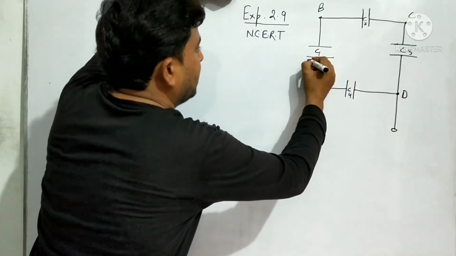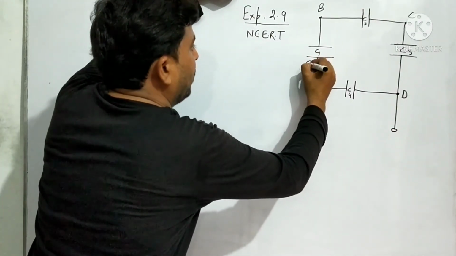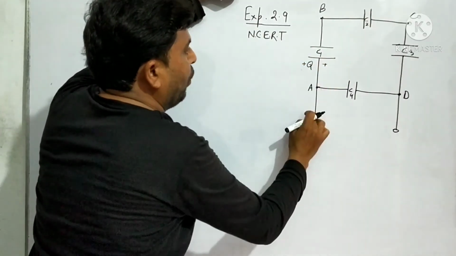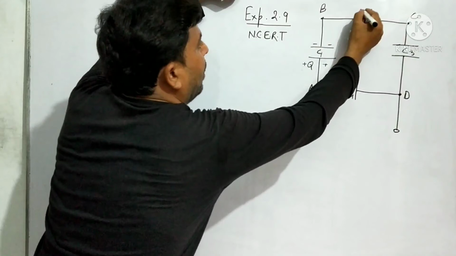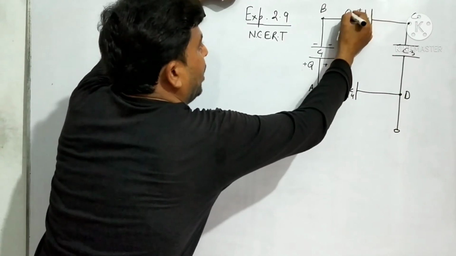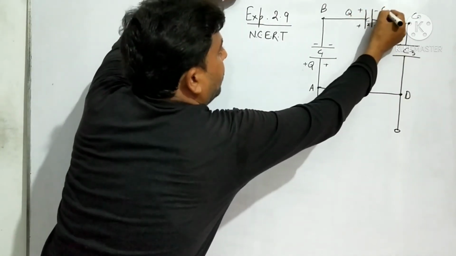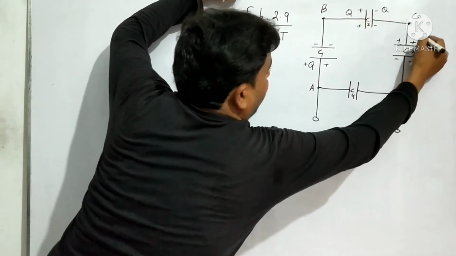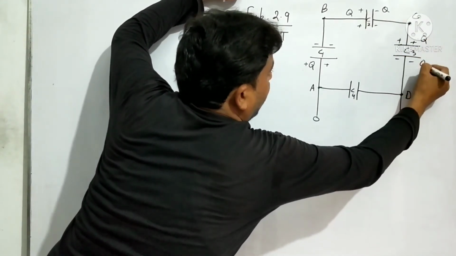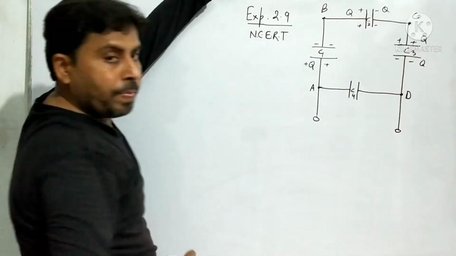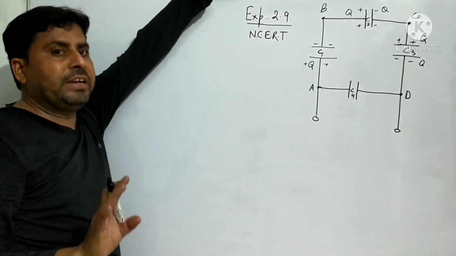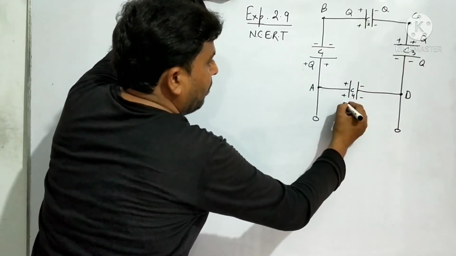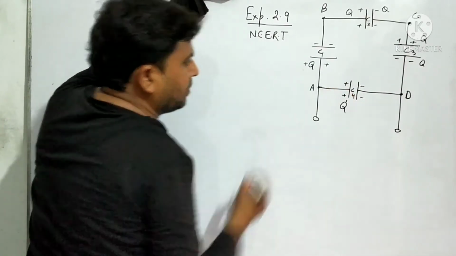First has the charge plus Q, capital Q as considered in NCERT, and negative minus Q. The same for the next ones, plus Q and minus Q. And here a different charge, positive and negative, is said to be Q dash.